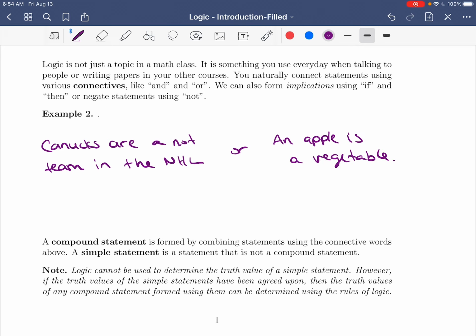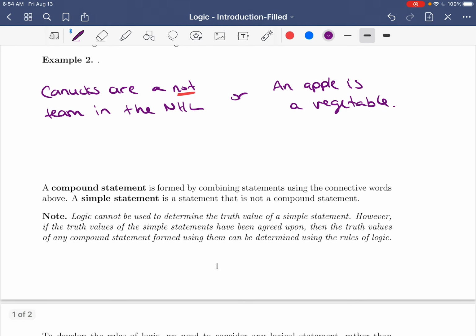So I've combined these two statements. I've also added in this not into my first one. So that's some ways that we can put these things together. A compound statement is formed by combining these simple statements using these connective words.